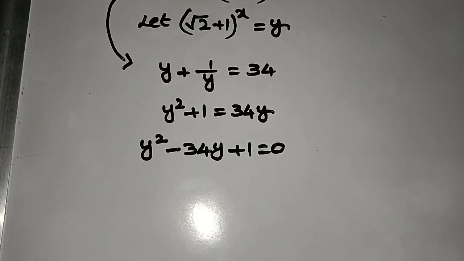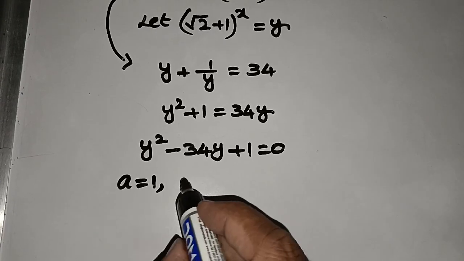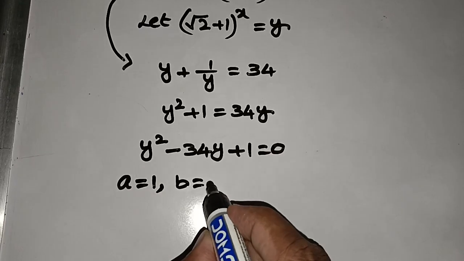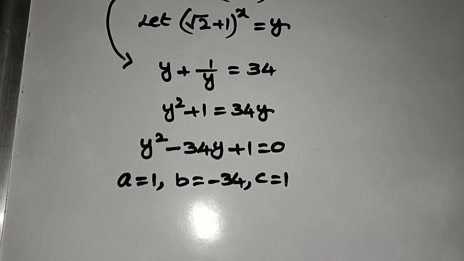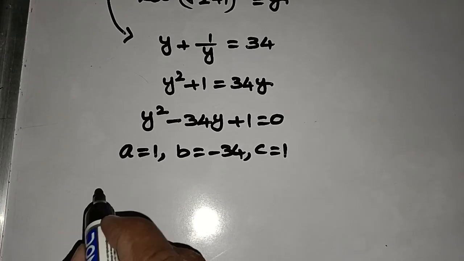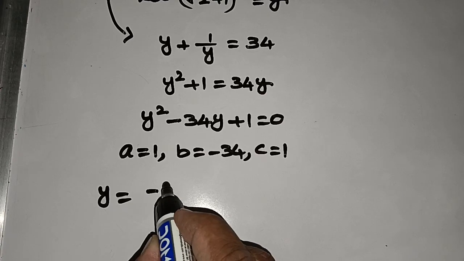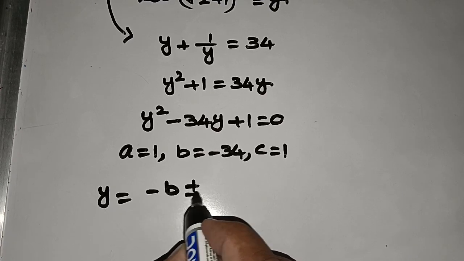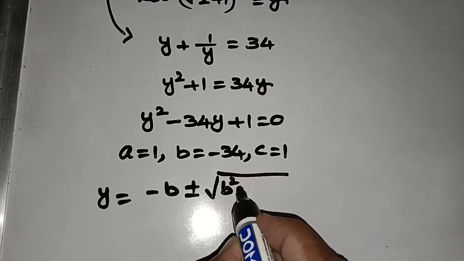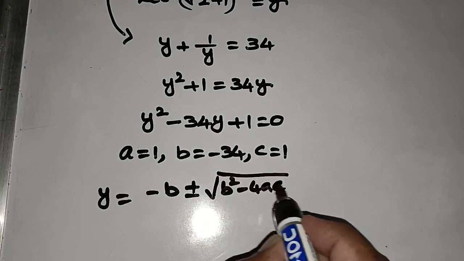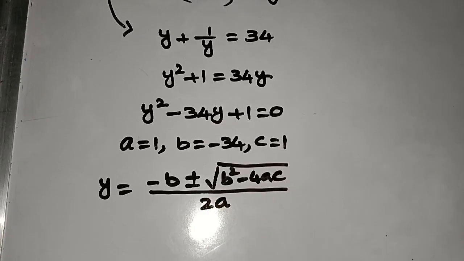And here it is a quadratic equation where a is 1, b is minus 34, and c is plus 1. Using the formula to find the roots of the quadratic equation, y is equal to minus b plus or minus the square root of b² − 4ac, whole divided by 2a.